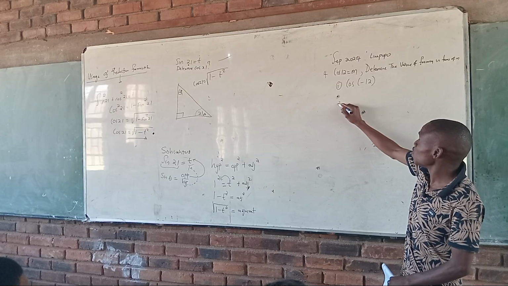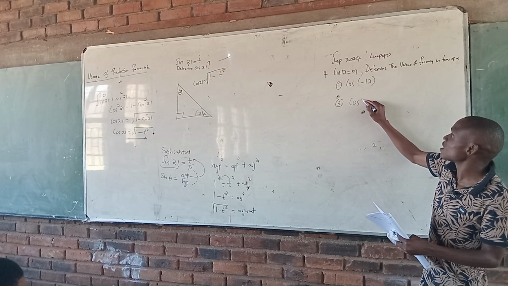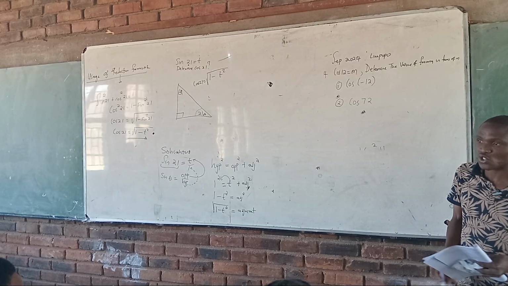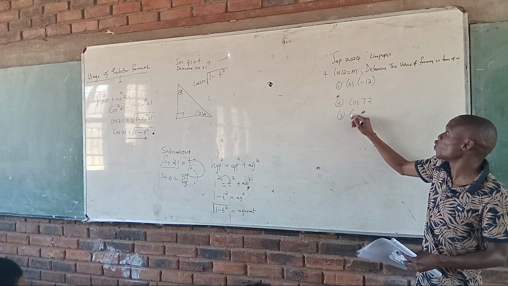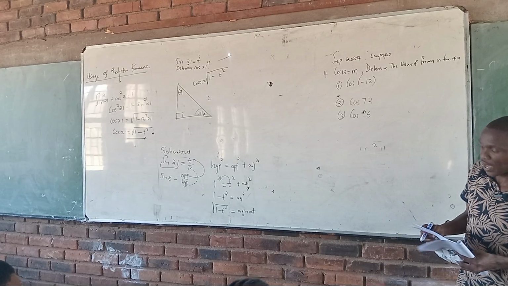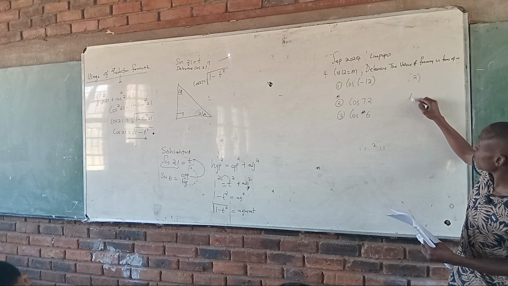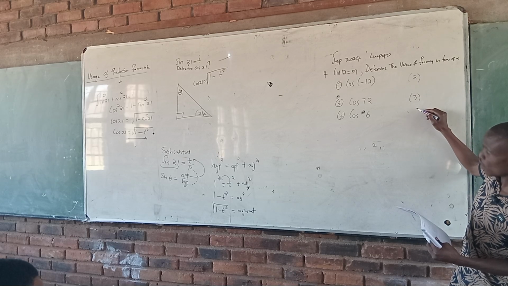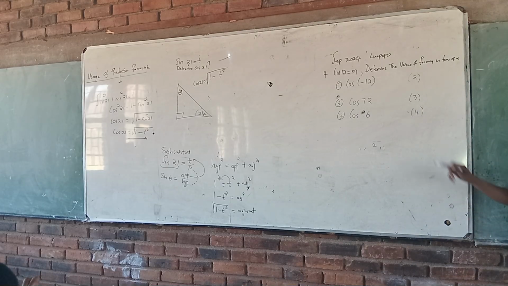Number 2, they want to know about cos 72 in terms of m. Lastly, they want to know about cos 6 in terms of m. So the mark allocation is 2, 3, 4. 9 marks. Let's see how much you get out of 9.